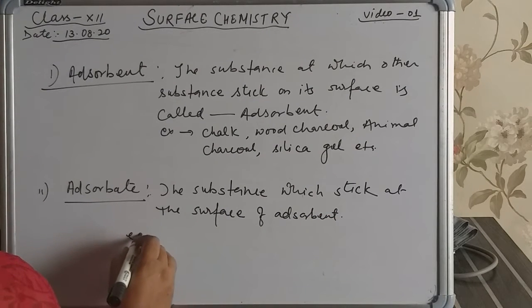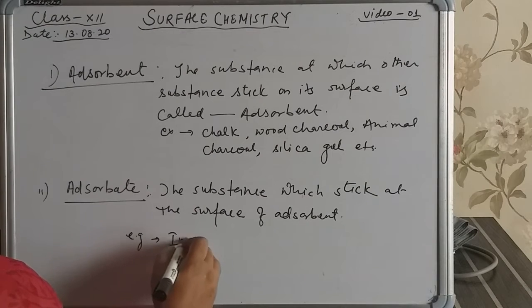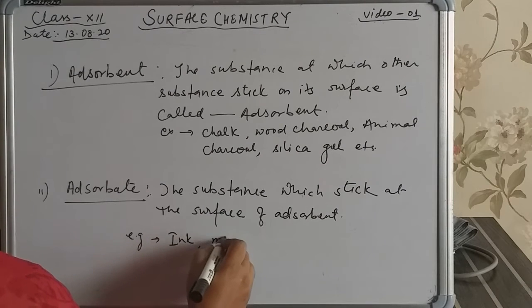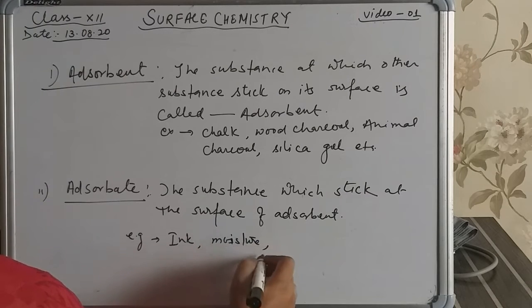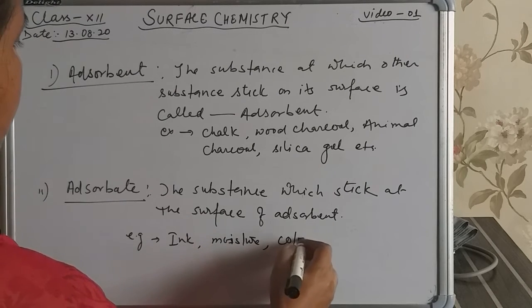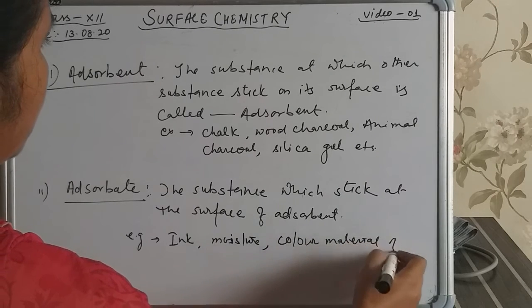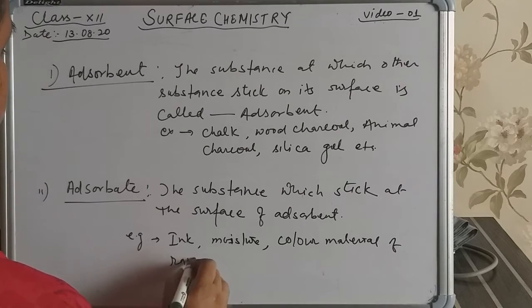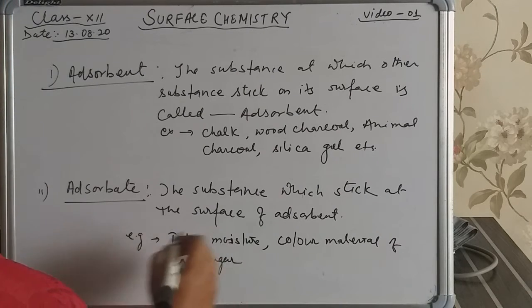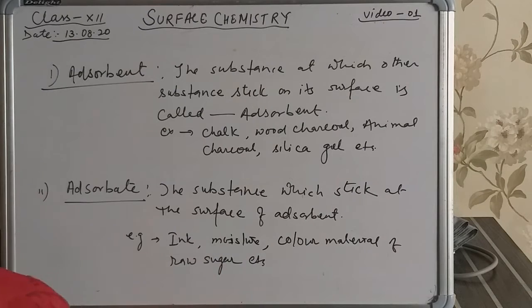For example, ink, moisture, color material of raw sugar, etc. So these are a few examples. We can say that this is adsorbent or this is adsorbate.